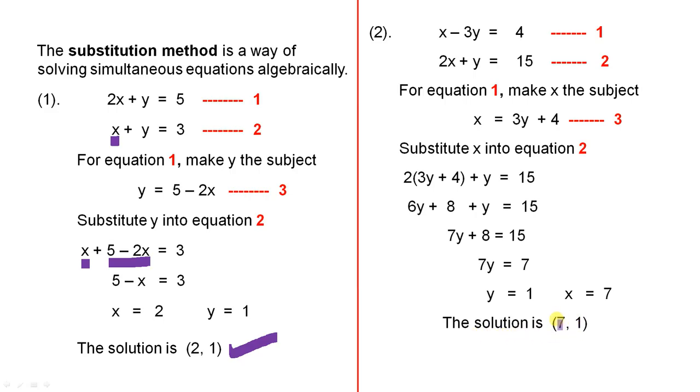That means when x equals 7 and y equals 1, those values will satisfy that equation, and they will also satisfy that equation. And this method is called the substitution method. So we've seen two examples here where we can solve equations using the substitution method.